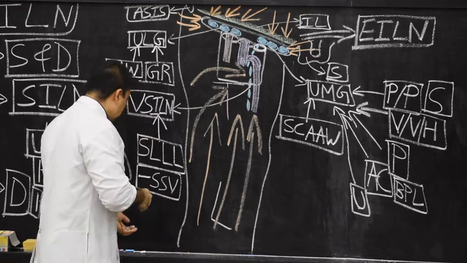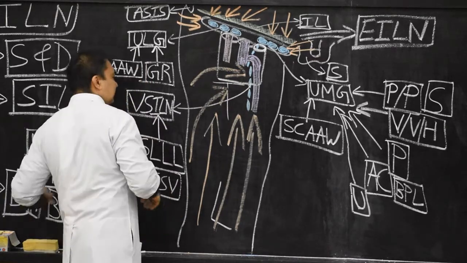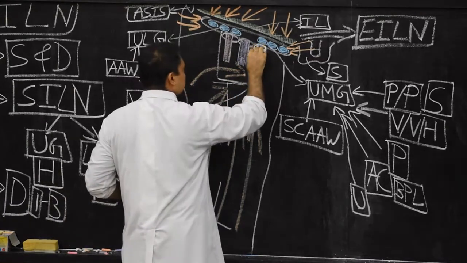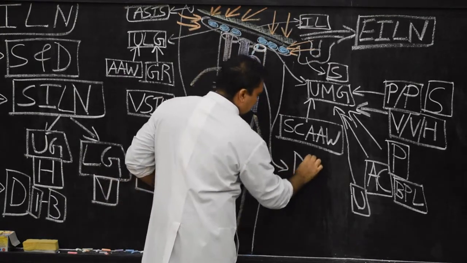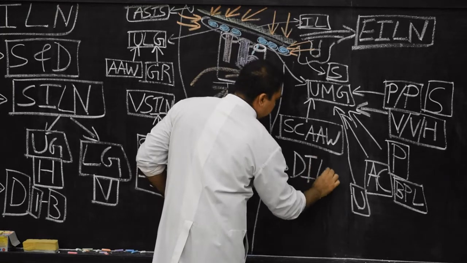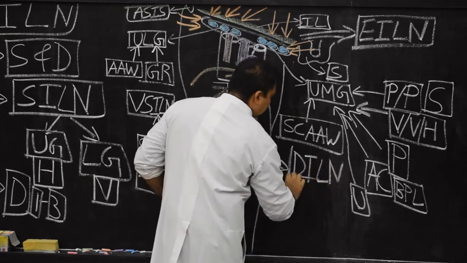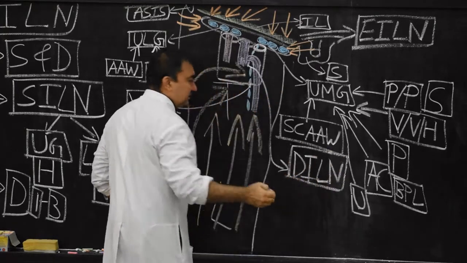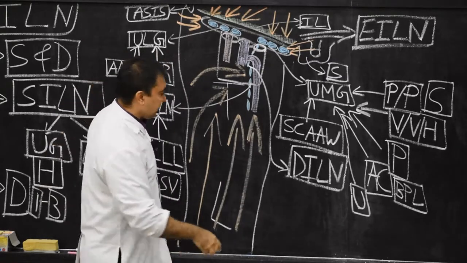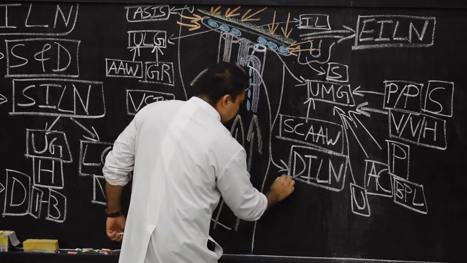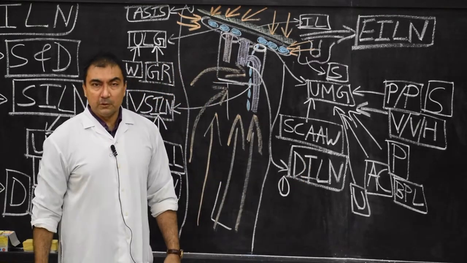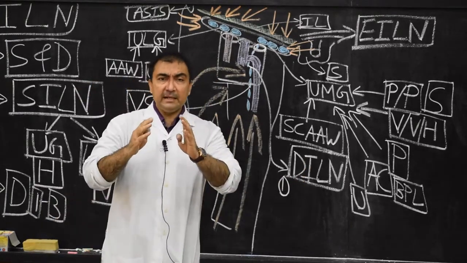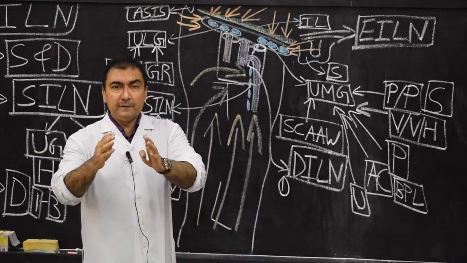So therefore here I will take this entire thing and mark it as deep inguinal lymph nodes and their areas of drainage. Very important. 3 areas of drainage which are very important. The first area of drainage of deep inguinal lymph nodes will be from the entire deep lymphatics accompanying the femoral vessels.